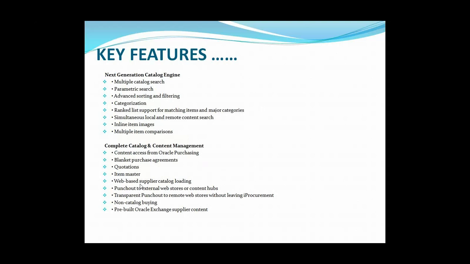That catalog engine can be used to do multiple catalog search, parametric search, advanced sorting and filtering, right? Multiple item comparisons. Then we have complete catalog and content management, which we can map things like quotations, blanket purchase agreements, item master, etc.